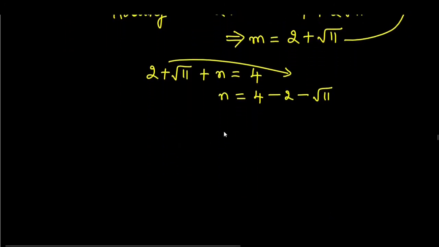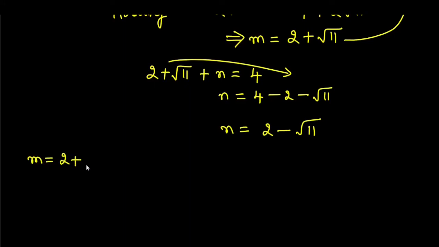So we get n is equal to 2 minus root 11. Now we have obtained m is equal to 2 plus root 11 and n is equal to 2 minus root 11.